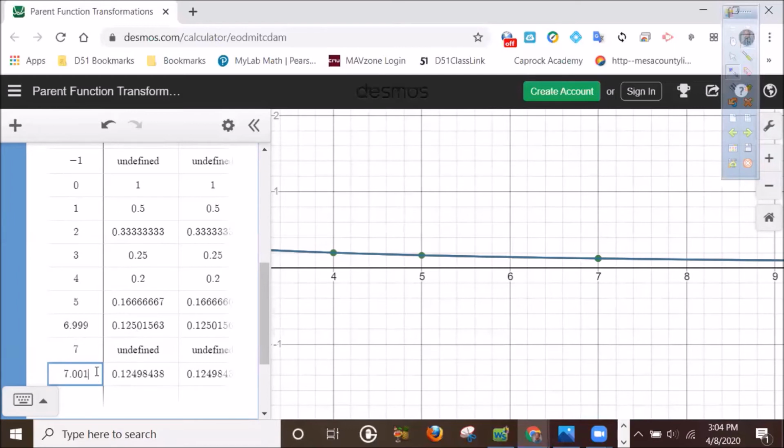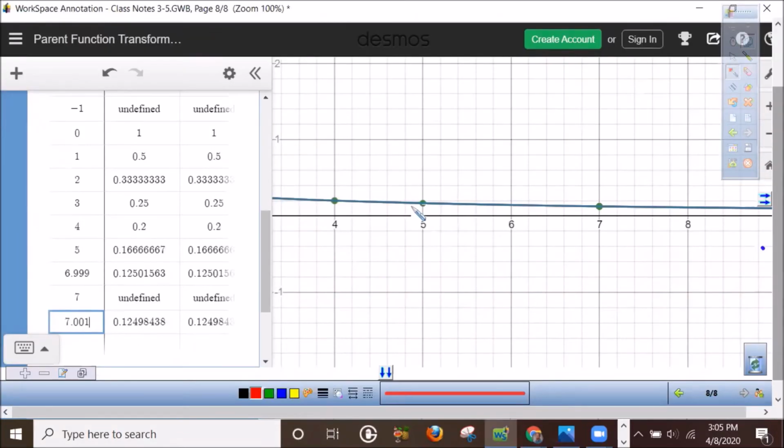At x equals 7.001, the y value is 0.1249. Instead of y values approaching infinity or negative infinity as we get closer and closer to 7, what I'm seeing here is that the y values are getting closer and closer to 0.125 on both sides of x equals 7. Here's how to understand what's going on here.